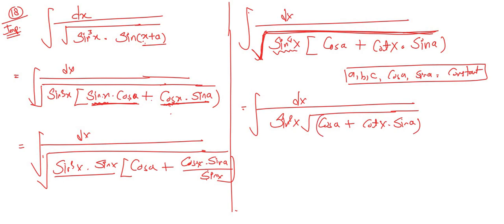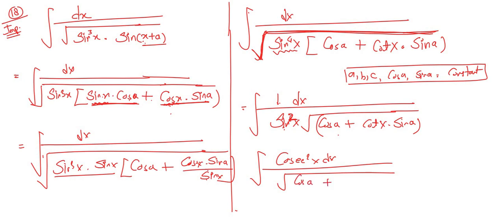And what is 1 by sine square? Reverse of sine is cosec. Fine. So this will become cosec square x dx by under root of this cos a plus cot x into sine a. Correct?